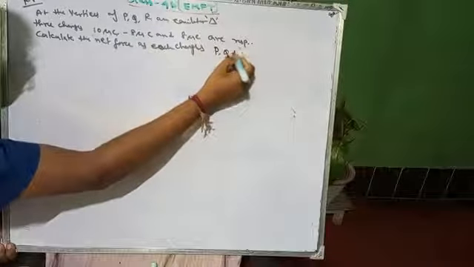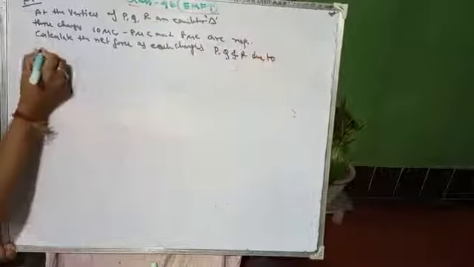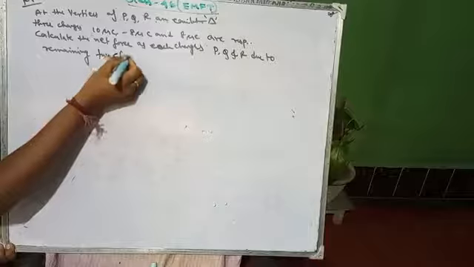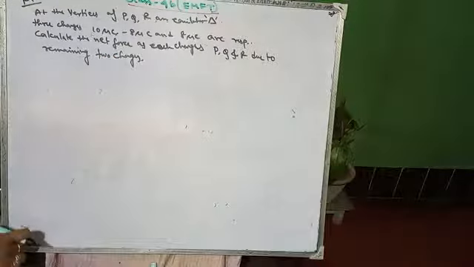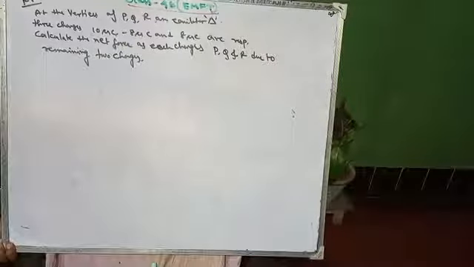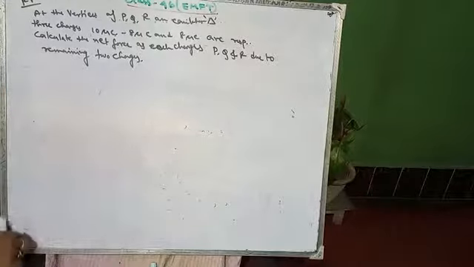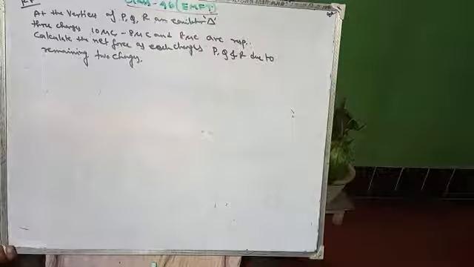That means you have to find the net force acting on P due to Q and R, and you have to find the force acting on Q due to P and R, and you have to find the force at R due to P and Q. Okay, so you have to draw an equilateral triangle having side 10 centimeter.